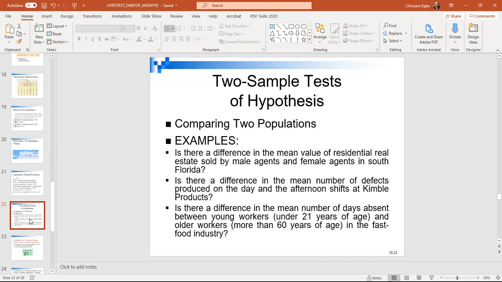Is there a difference in the mean number of defects produced on a day between the shifts at one location and the shifts at another location? All right, or between the day shift and the afternoon shift. Okay, so you're comparing those who work during the day to those who work during the afternoon.